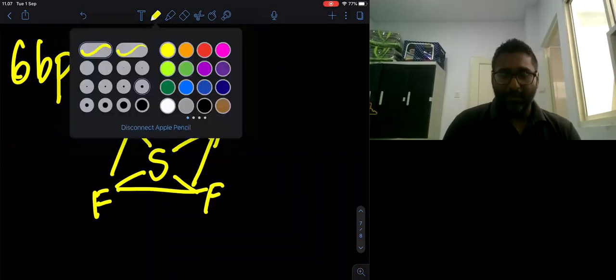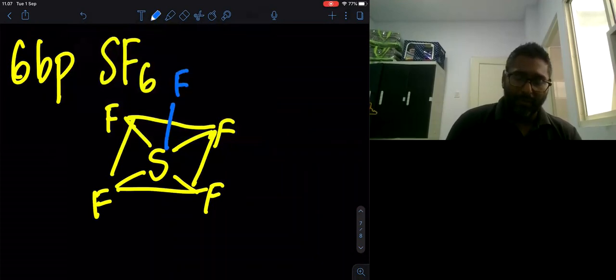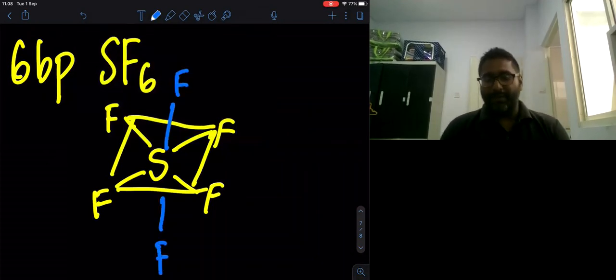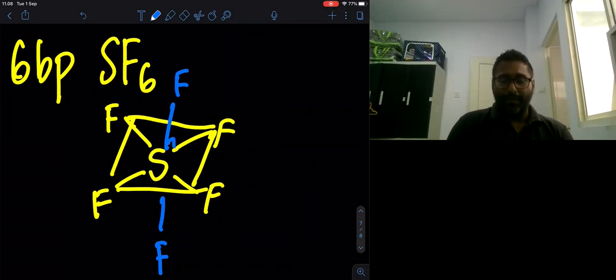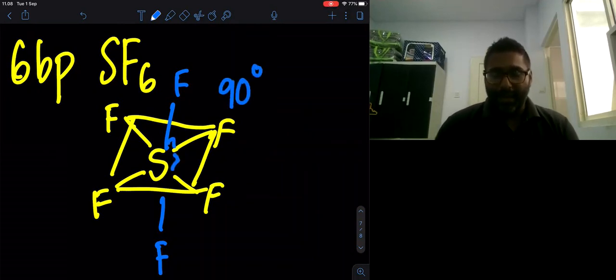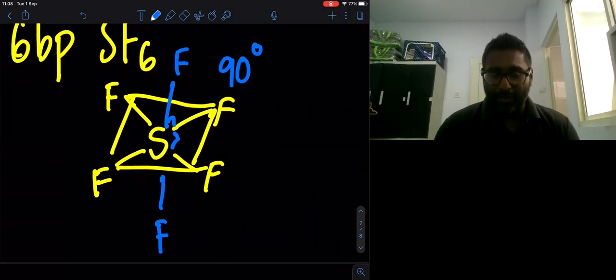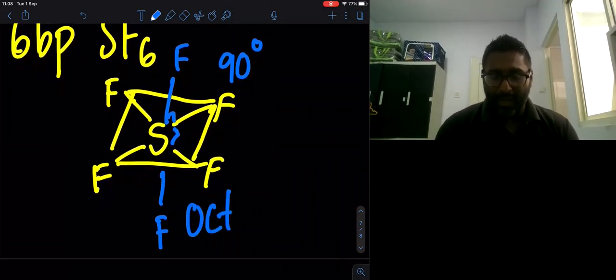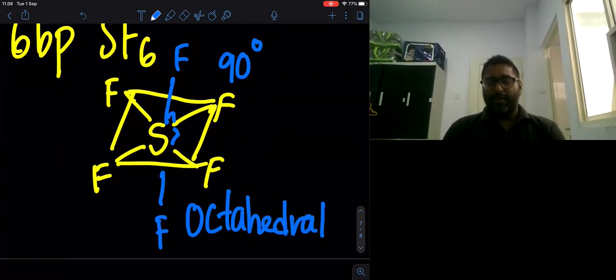Similar to just now, 2 will go up and down. So what is the bond angle of this? All of them are going to be 90 degrees. And this is going to be known as octahedral. And the bond angle is going to be 90.